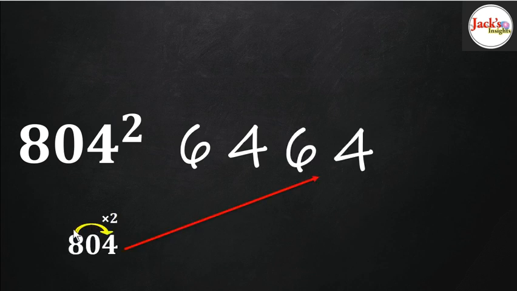So that is 8 times 4 times 2 is 64. Then next, the square of 4, so that is 16. Therefore, the square of 804 is 646,416.